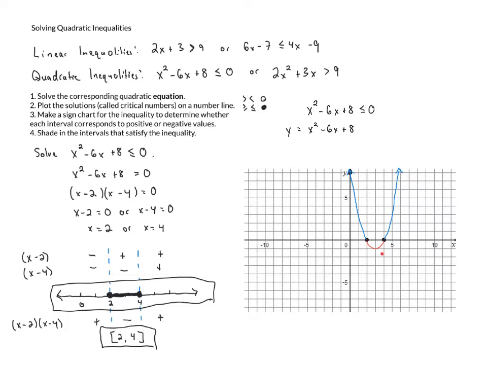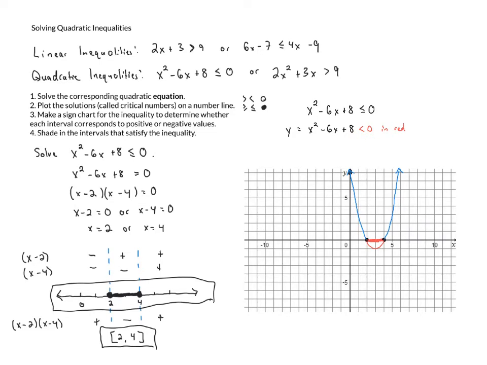But if y is less than 0 and y is equal to x squared minus 6x plus 8, that means that x squared minus 6x plus 8 is less than 0 in the red area. And that's why our solution ends up being the interval between 2 and 4, which we see over here, because that is where the graph goes below the x-axis, which means that's where the y values are less than 0.